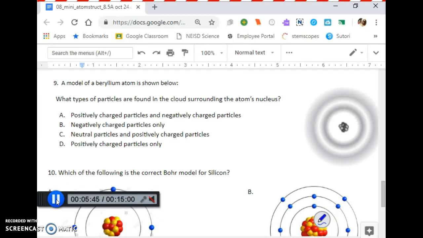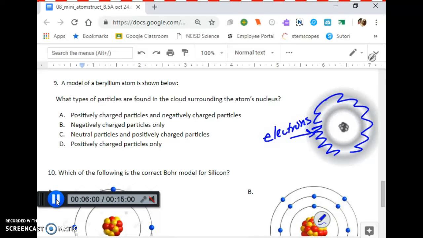Number 9, a model of beryllium atom is shown below. It's actually to the side. What types of particles are found in the cloud surrounding the nucleus? Here's the cloud. Outside the nucleus, we know what is found out there. The only things are electrons and a bunch of empty space. So A states positively charged particles. We know electrons are not positive, they are negative, so A cannot be our answer.